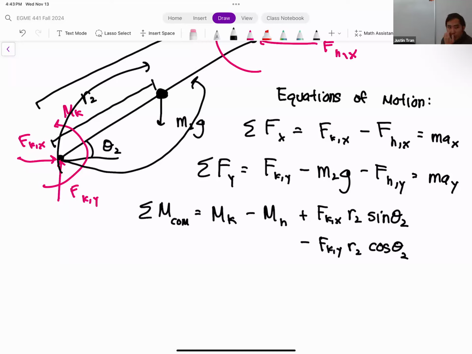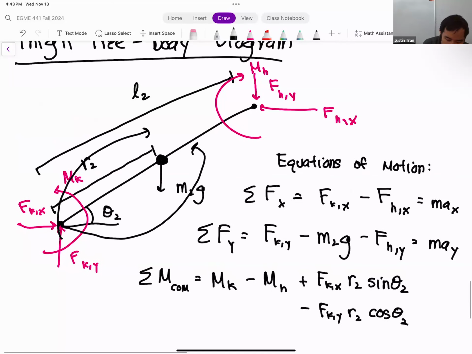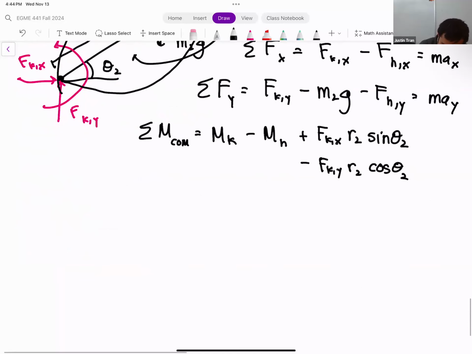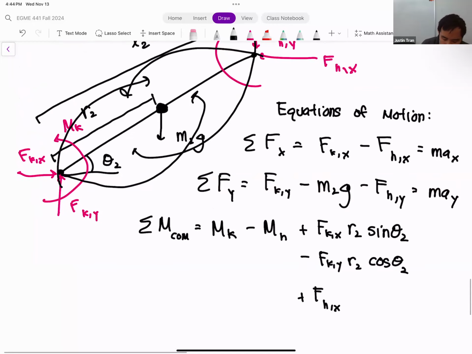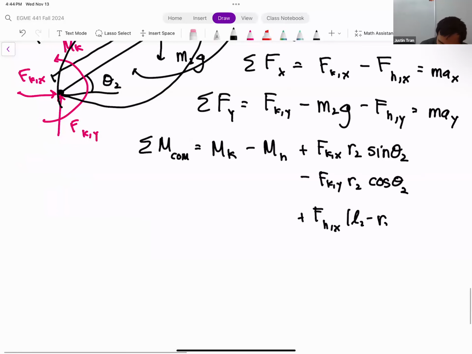Very important: depending on how you draw your figure, the signs of these moment contributions can be different, so make sure you know that. But the way that we do our sign conventions, we know that both the x forces are going to contribute to the moment in the same way. If you look at FHX, you can see that's going in the counterclockwise direction, and FHY is going in the clockwise direction. So again, we're going to have positive and negative for the other two. So if we have plus FHX, we multiply by the vertical distance between there, and that's L2 minus R2 multiplied by sine theta 2.